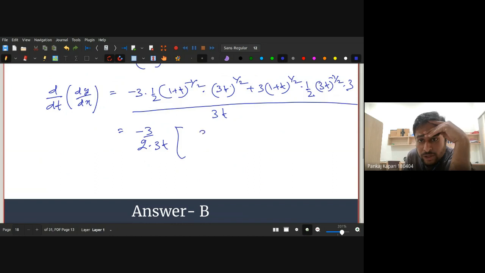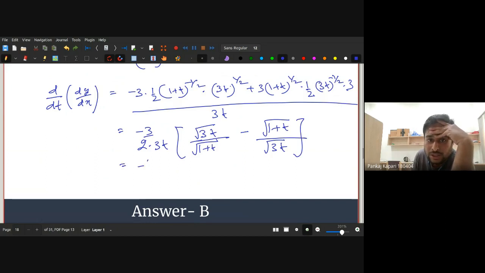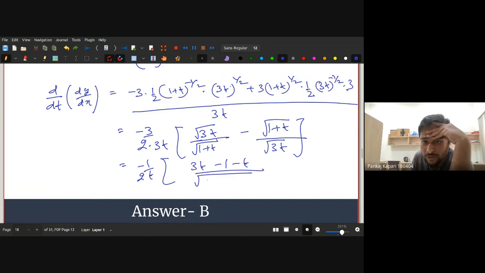So under root 3t divided by under root 1 plus t, minus under root 1 plus t, divided by 3t. So this is just minus 1 over 2t, 3t minus 1 minus t divided by the square root of 3t bracket 3 plus 1.